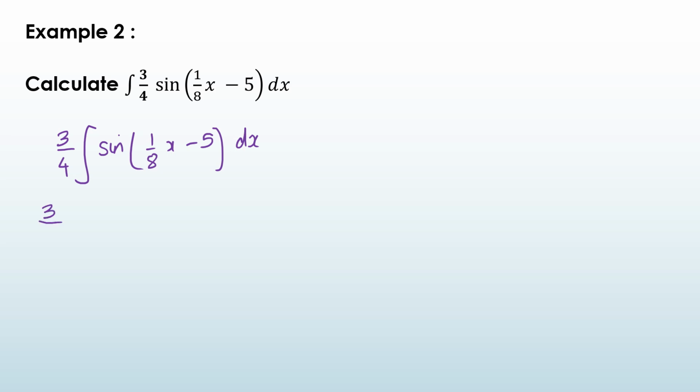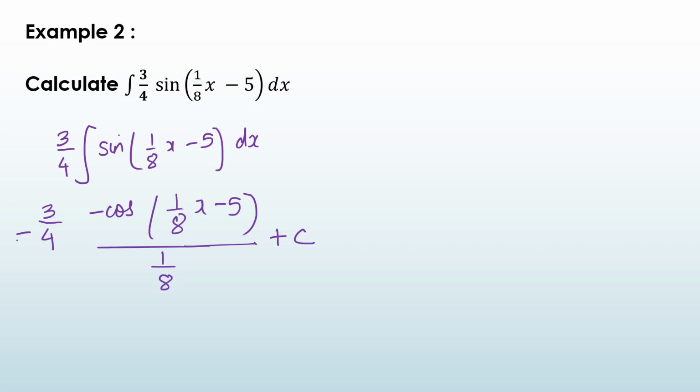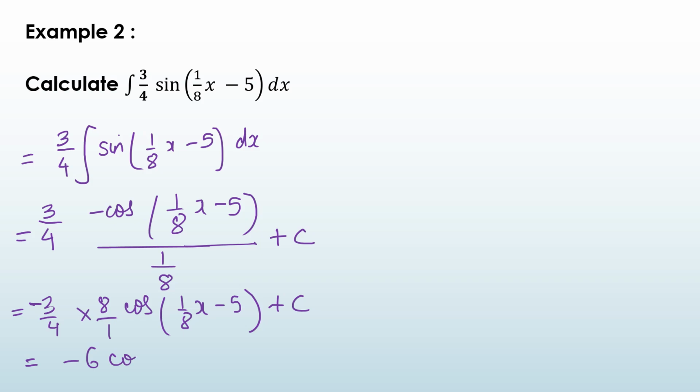Otherwise, you just go 3 by 4, and that's negative cos 1 by 8 x minus 5 divided by 1 over 8 plus c, and that can be rewritten as 3 by 4 times negative 8 over 1 cos 1 by 8 x minus 5 plus c, and then finally we simplify that, so that's negative 6 cos 1 by 8 x minus 5 plus c.